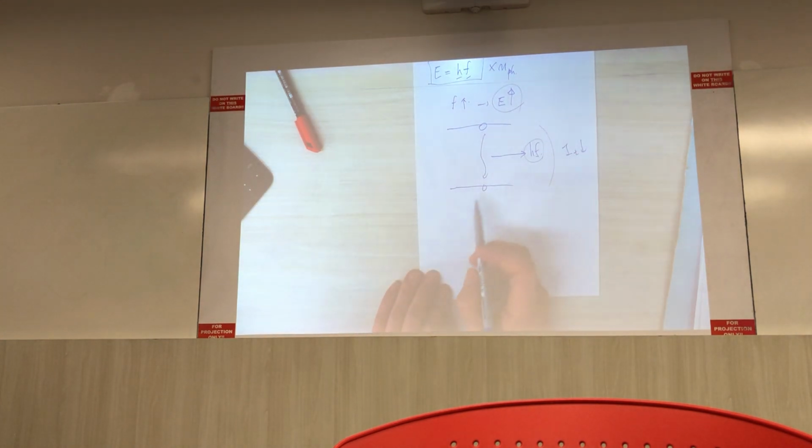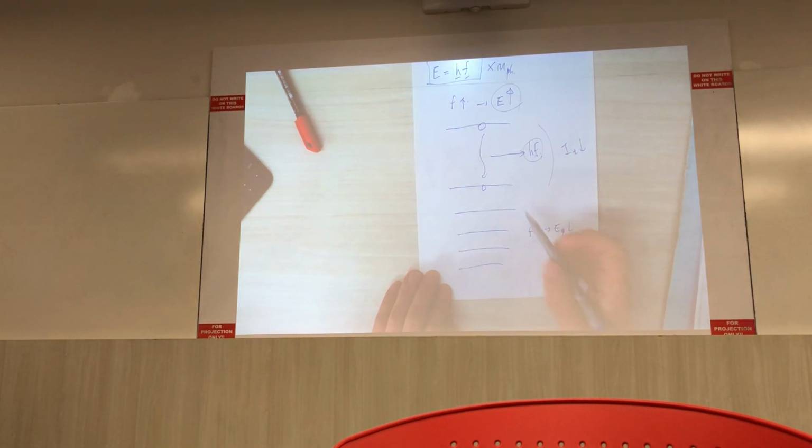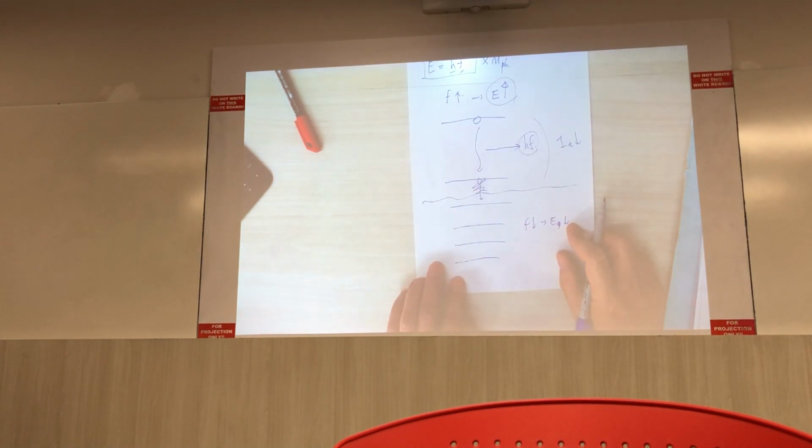Now let's consider a low frequency, so a longer wavelength. Frequency is now small, so correspondingly the energy gap is also small. The electrons can jump up to the upper level easily, and when they drop to the next intermediate level, it will generate hf at low frequency, or hc over wavelength, a longer wavelength.